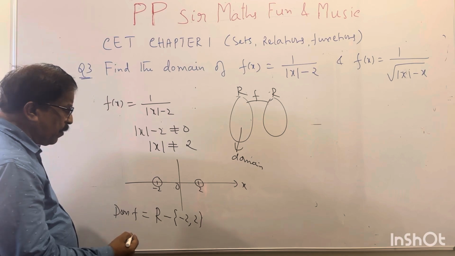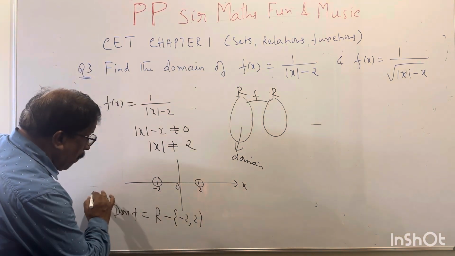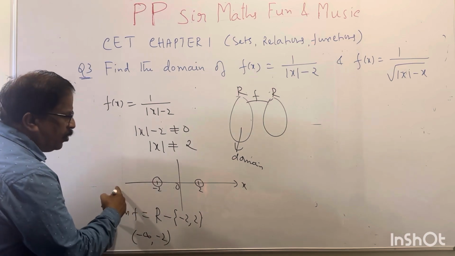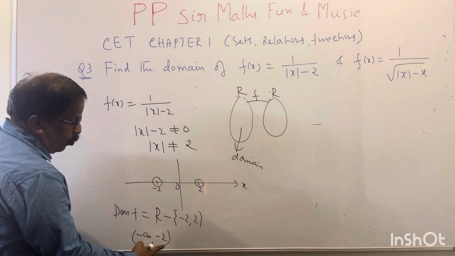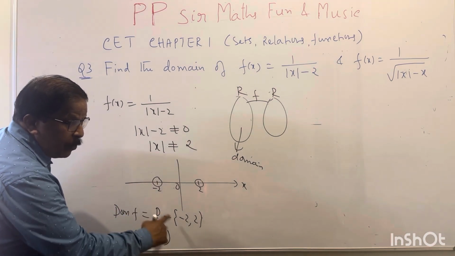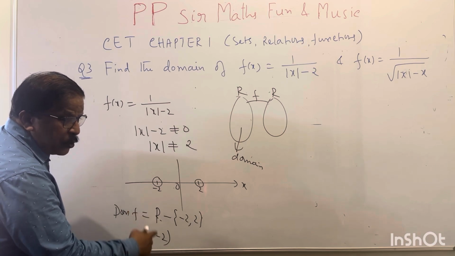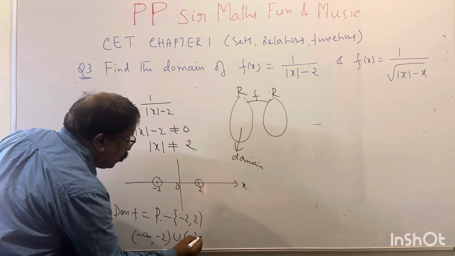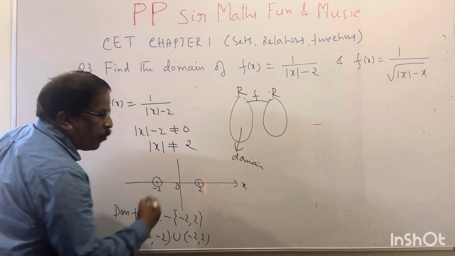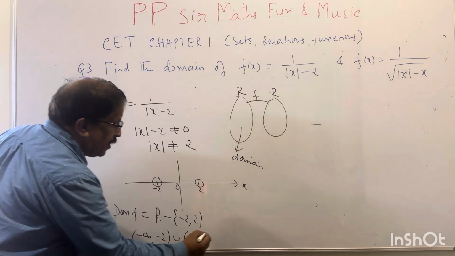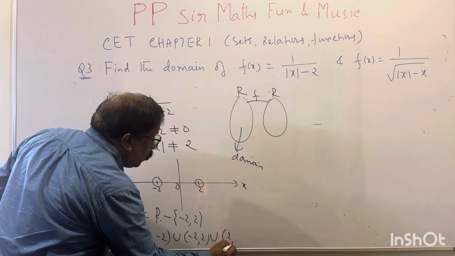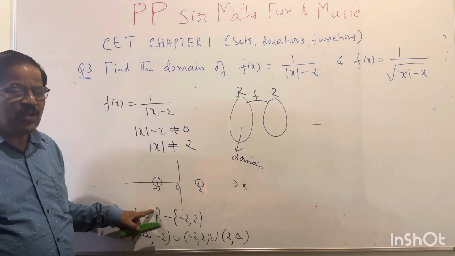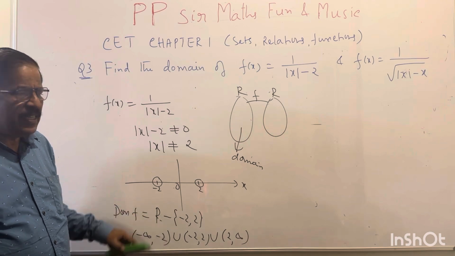Another way of representing the domain is minus infinity to minus 2, open interval, that means minus 2 is not taken, union minus 2 to 2, all points can be taken except the boundary points, union 2 to infinity. So both are the same, but this is easy to understand, correct?